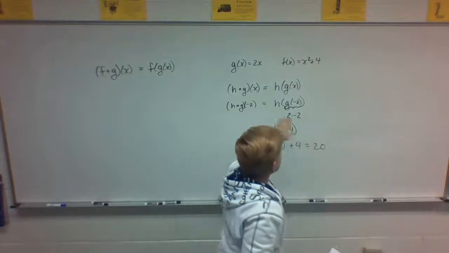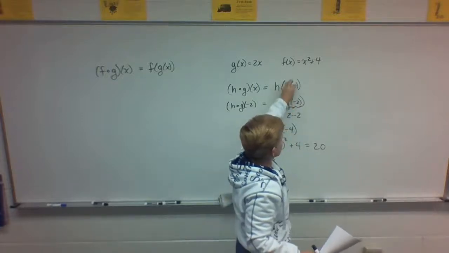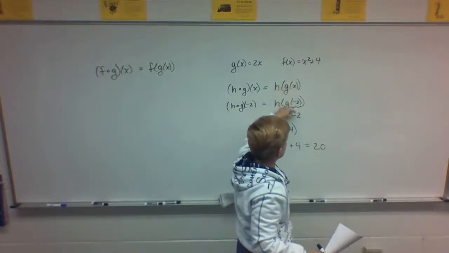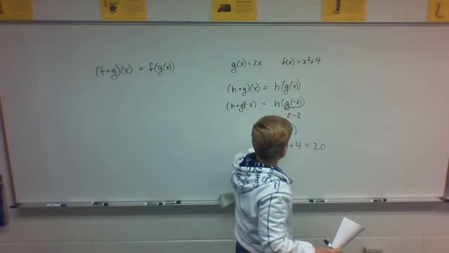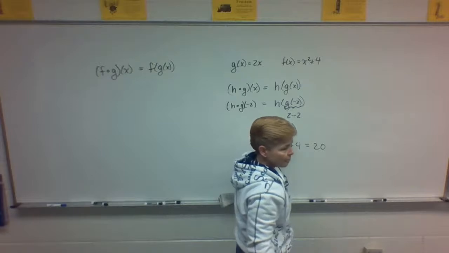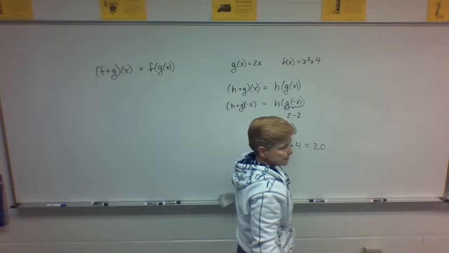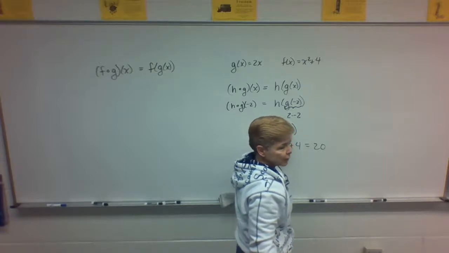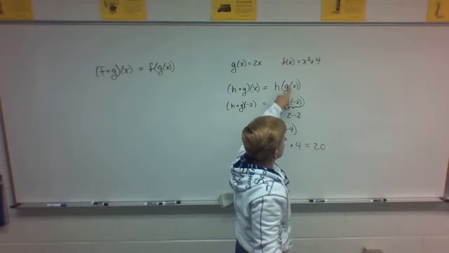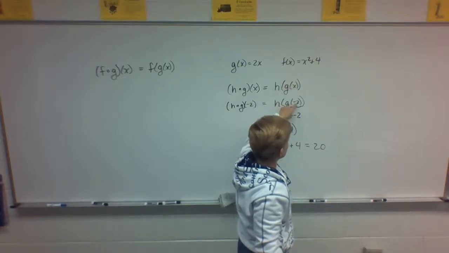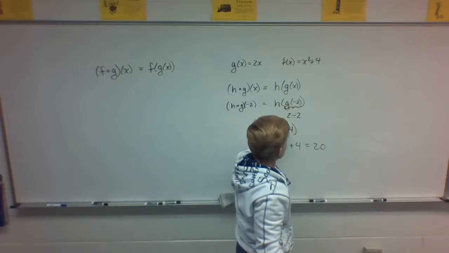So what we do is the innermost first, because we're taught to do the innermost parentheses first. I found g of negative 2, which was negative 4. So g of negative 2 got replaced with negative 4, and now I find h of negative 4. Now let me talk again about what Trey and I just discussed, which some of you didn't get. The y value in g belonging to an x value of negative 2 is negative 4.